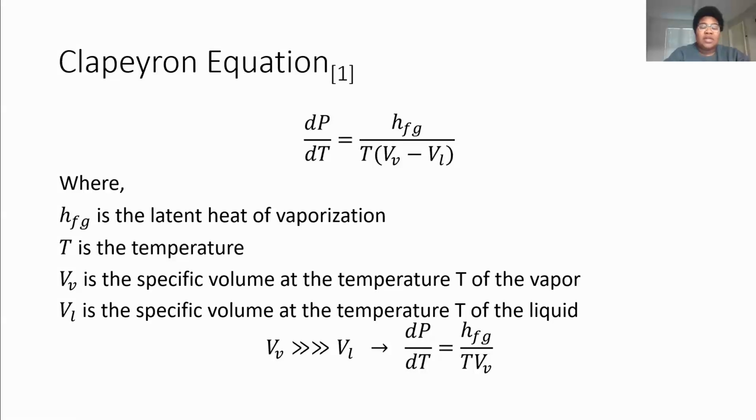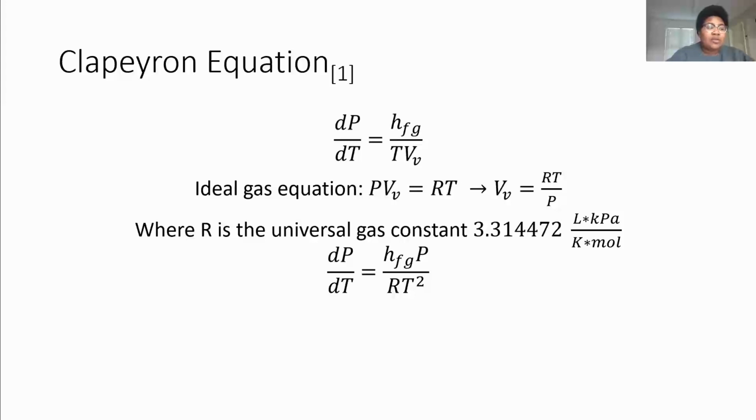So the volume of the vapor is much greater than the volume of the liquid. So the volume of the liquid is negligible, and we see the latent heat of vaporization over temperature times the volume of the vapor. Furthermore, the ideal gas equation applies to the vapor.